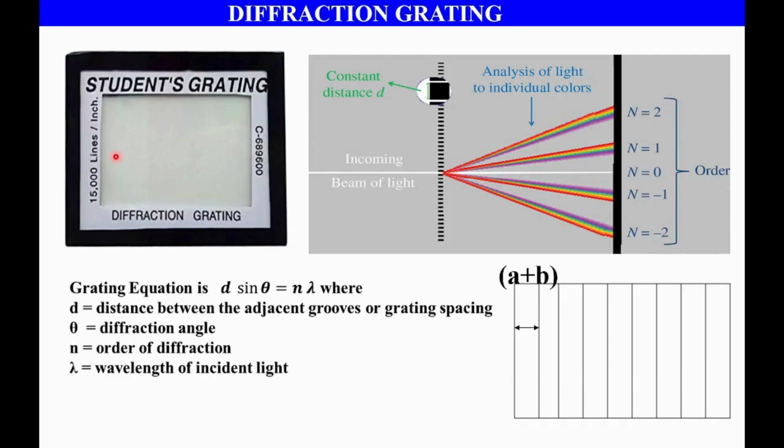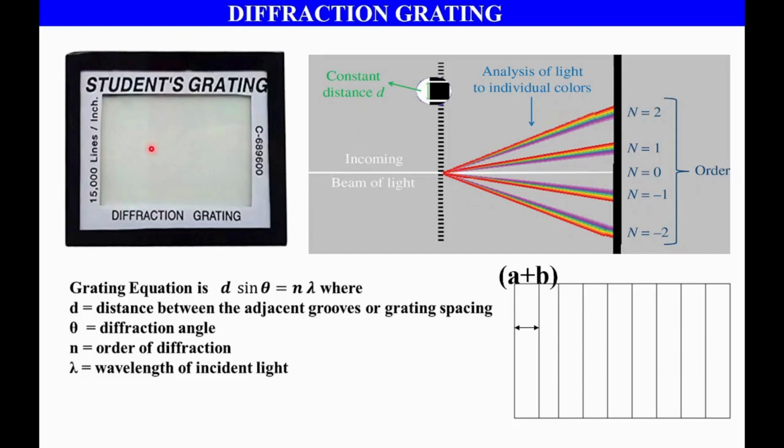Now we will discuss the diffraction grating itself. The pictures you are seeing on the slide show the diffraction grating used in the engineering physics laboratory. On this diffraction grating, 15,000 lines per inch are present.